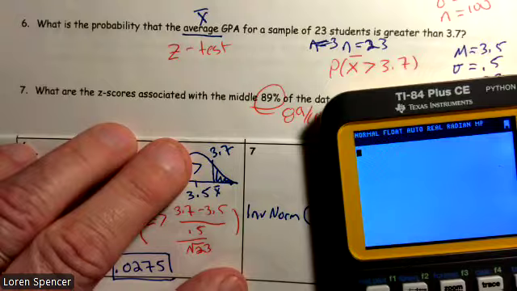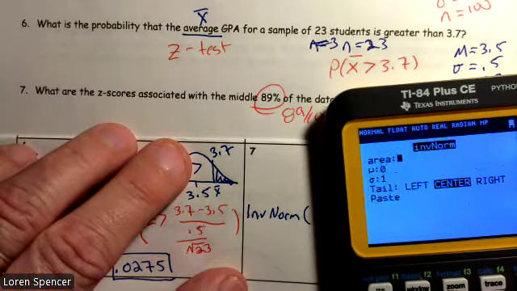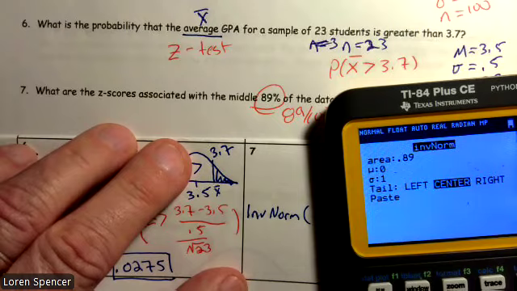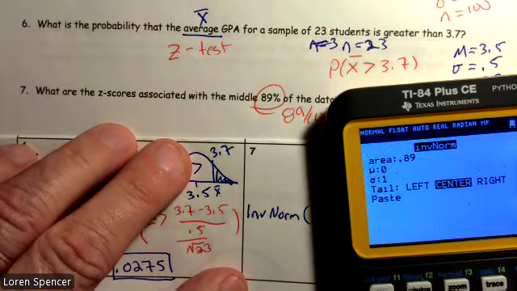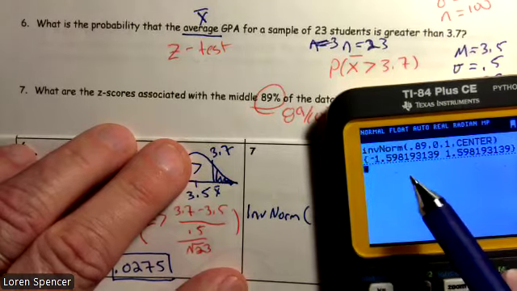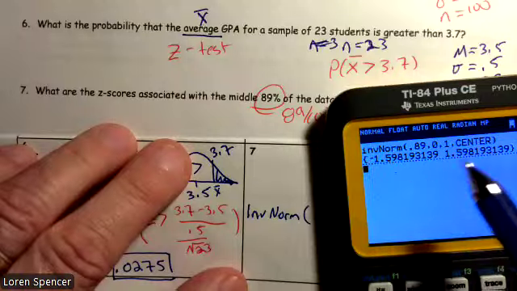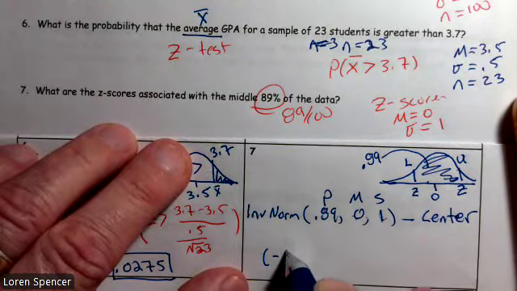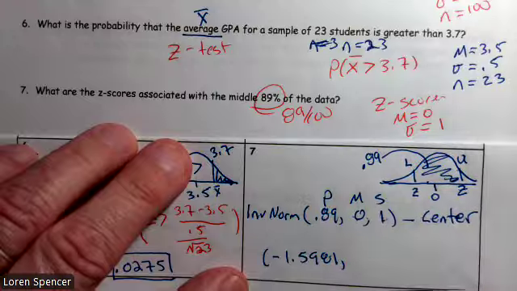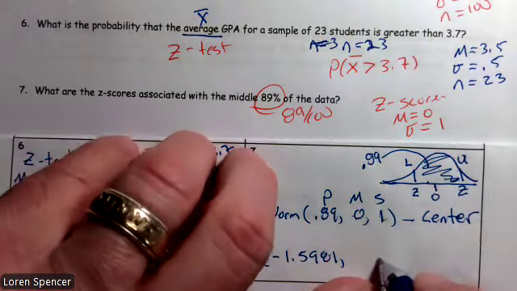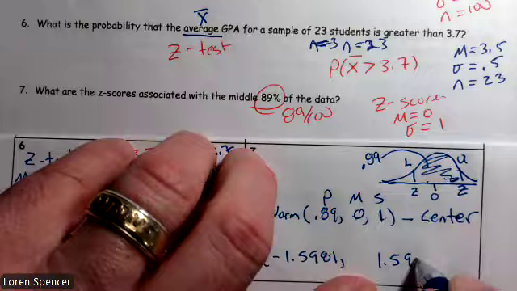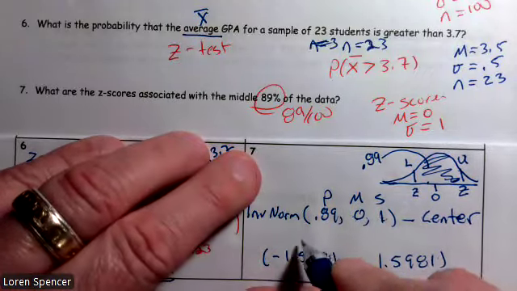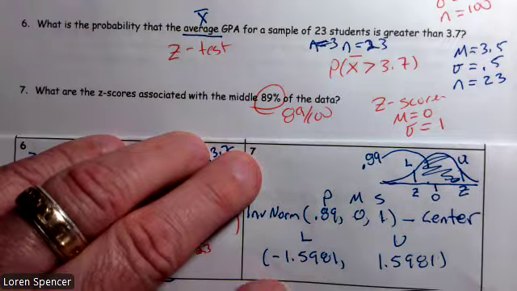Stat, second vars, inverse norm, area 0.89, mean is 0, standard deviation 1. We are already centered. We're good to go. And we end up getting negative 1.598 to positive 1.598. And that's my lower and upper z-score.